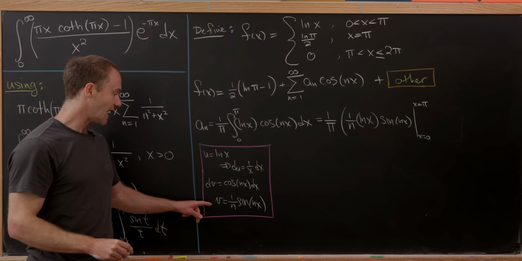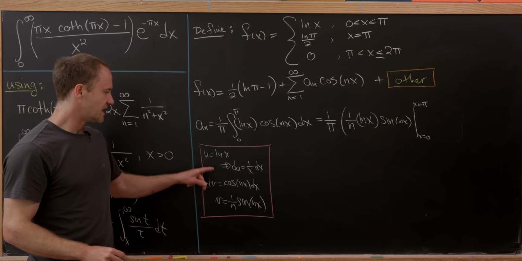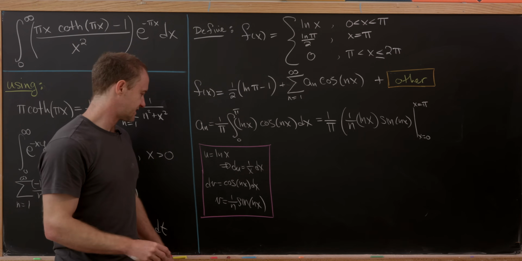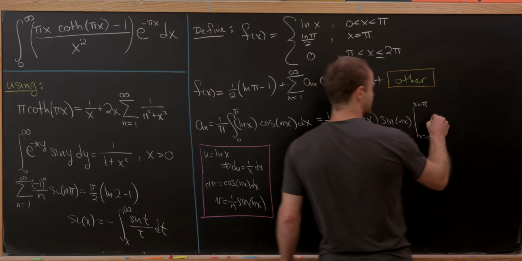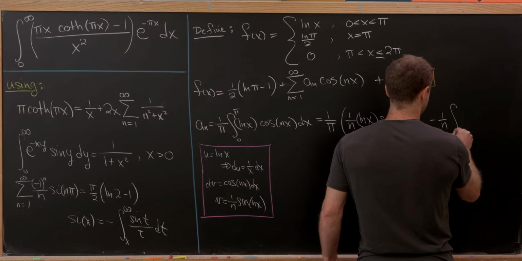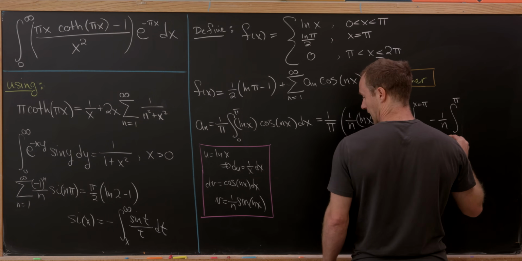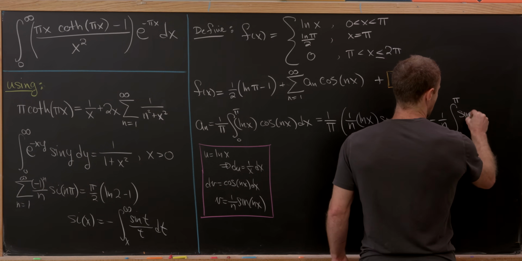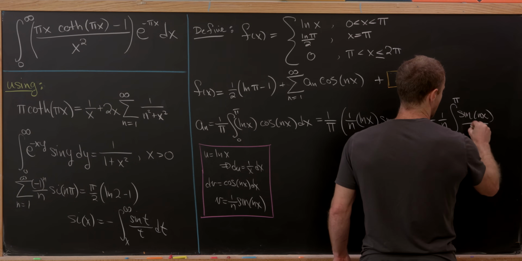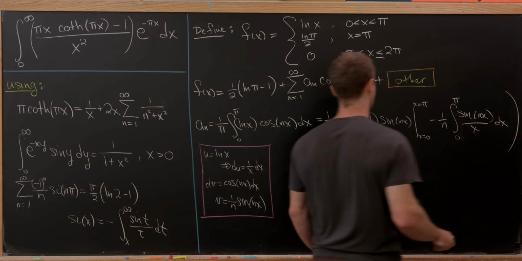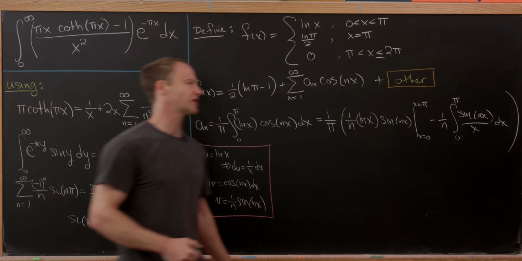And then we'll have minus the integral of v du. So this will be minus 1 over n, and then the integral from 0 up to pi of sine nx over x dx. Okay, so that's where we're at. But I'm actually going to rewrite this a little bit.